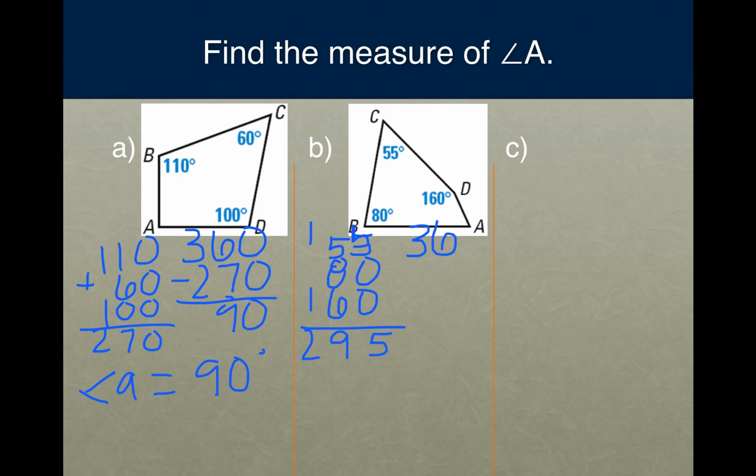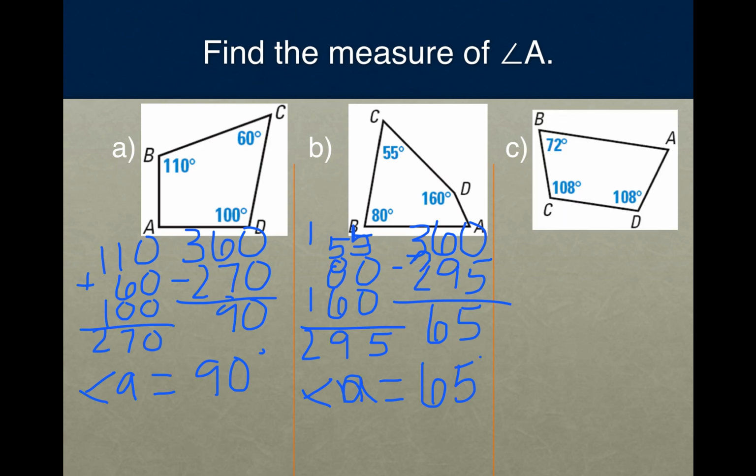So my total angle sum, 360, minus the sum of the first 3 should give us the measurement of that last angle, my 4th angle. Oh, I wrote this down wrong. 360 minus 295 is going to be 65. So angle A is equal to 65 degrees.